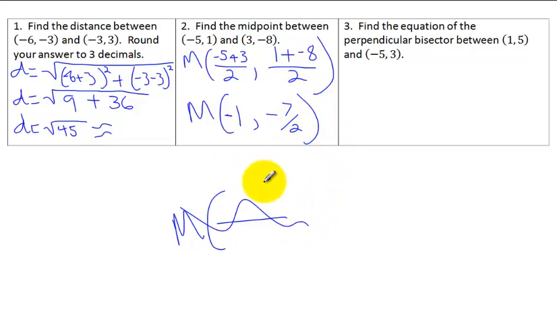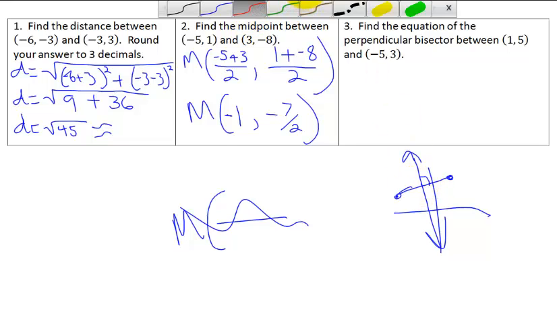Okay, there's your midpoint. Number 3, we're looking for the perpendicular bisector between these 2 points. So I have 1, 5 and -5, 3. So this is the line that is being connected, but what I'm looking for is the perpendicular bisector, this line here, and it's at a 90-degree angle. So the first thing let's do is find that midpoint right here. Let's get that midpoint.